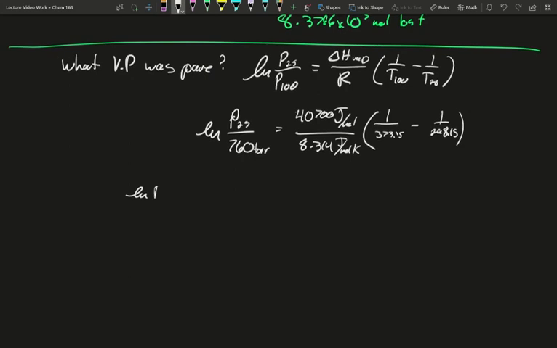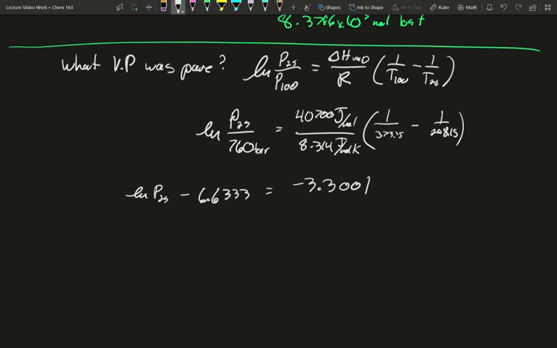Natural log of pressure at 25, so what our vapor pressure should be for that flask, minus the natural log of 760, which is 6.6333. All that should equal negative 3.3001.